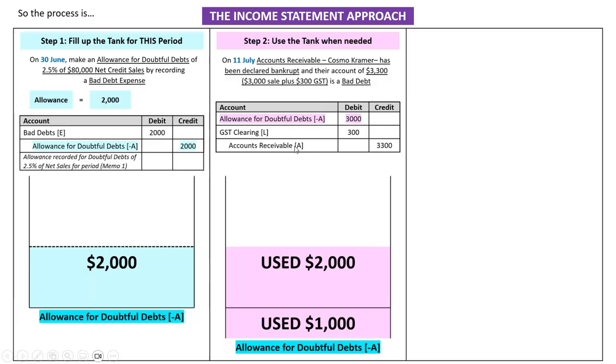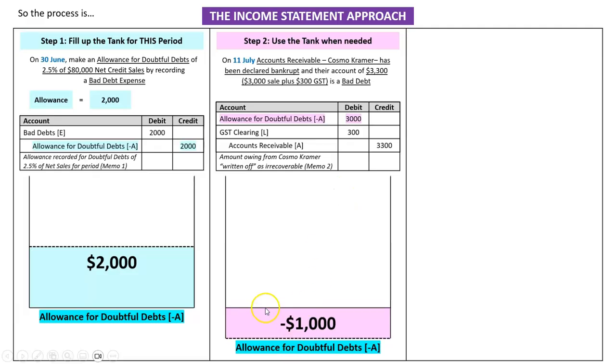And accounts receivable also decreases by the combined amount of these two numbers. And accounts receivable is an asset, so when it goes down, that's a credit. We might get asked for a narration. Amount owing from Cosmo Kramer written off as irrecoverable, Memo 2. So when we look at our allowance here, it's actually in negative. So we started at 2,000, we used up 3,000, so now we're all the way down here.